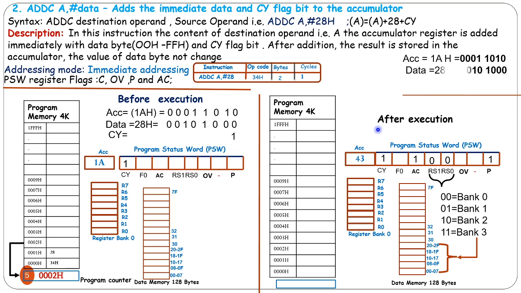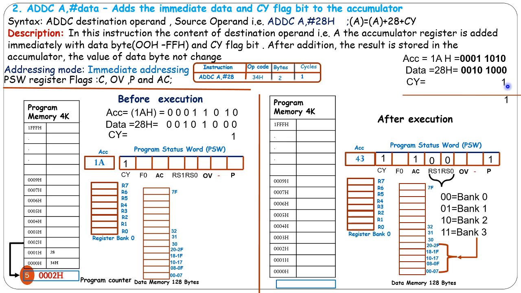The result will be like this: the content of the accumulator, that is 1AH, in binary format 0001 1010. So this is the accumulator content. The data byte is 28, so 2 means 0010 in binary format, 8 means 1000, plus the content of the carry flag.